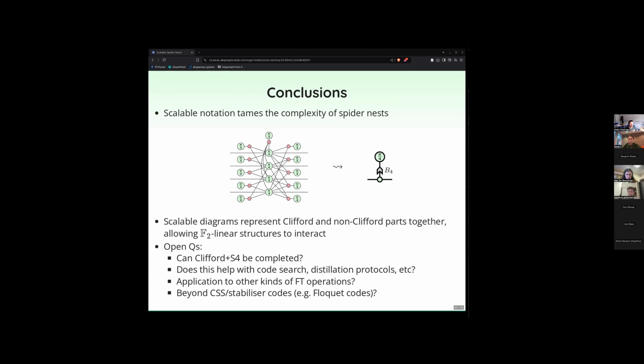Yeah, at least in the fully fault tolerant regime, I don't think this is such a big issue, because things like the Solovay-Kitaev theorem say that we've got pretty tight bounds on the overhead of rendering our circuit as Clifford plus T circuits.